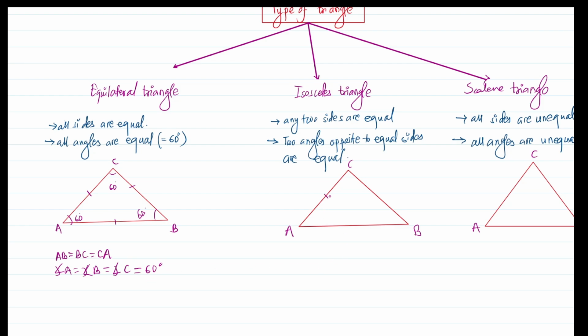And in this isosceles triangle, two sides are equal, right? AC and CB, these two sides are equal. Here AC is equal to BC, which is not equal to AB.